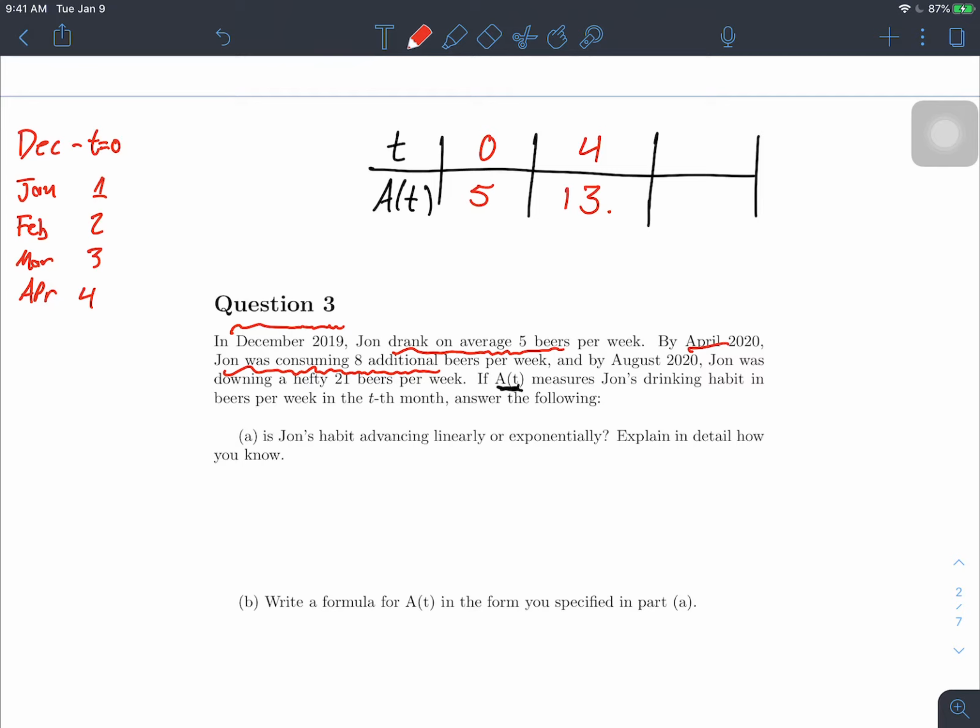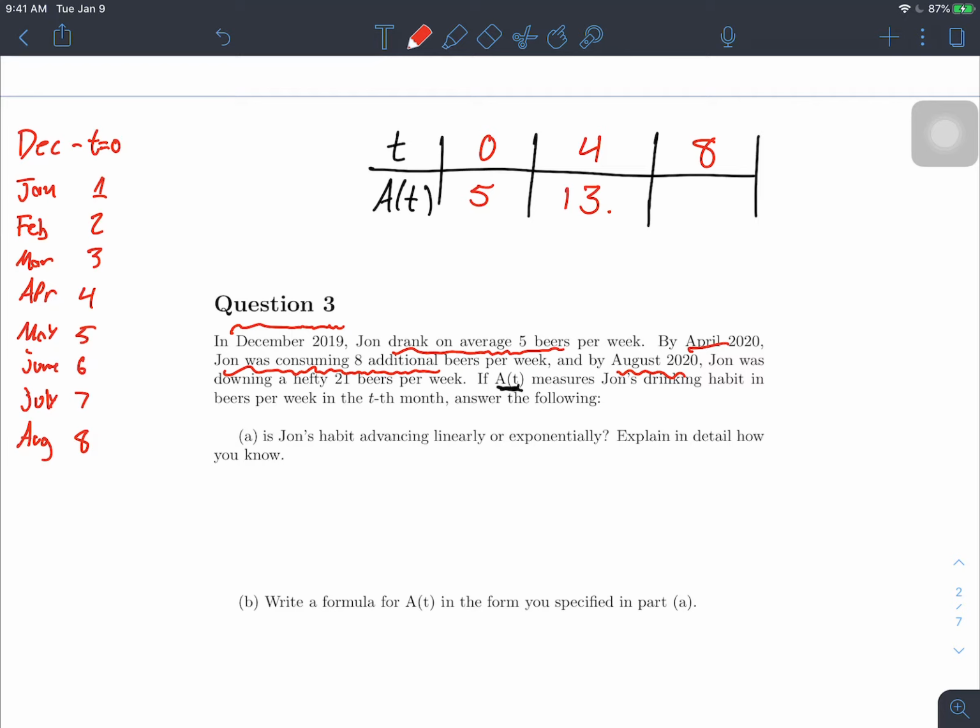Okay, next up, August 2020. I'm going to keep following this thing on the left here. Okay, so we'll have May, June, July, and then August. So 5, 6, 7, and 8. So at time t equals 8. Now it doesn't say how much we increased by this time.